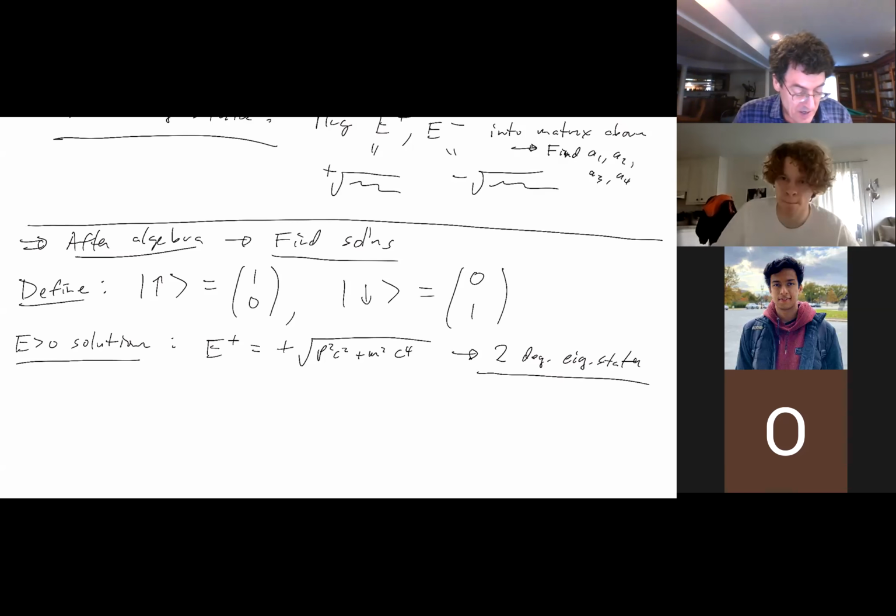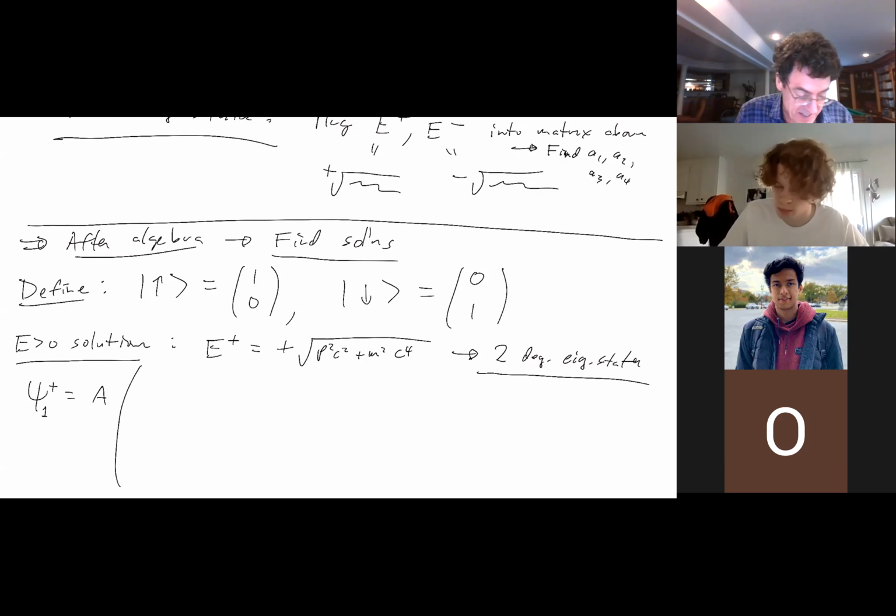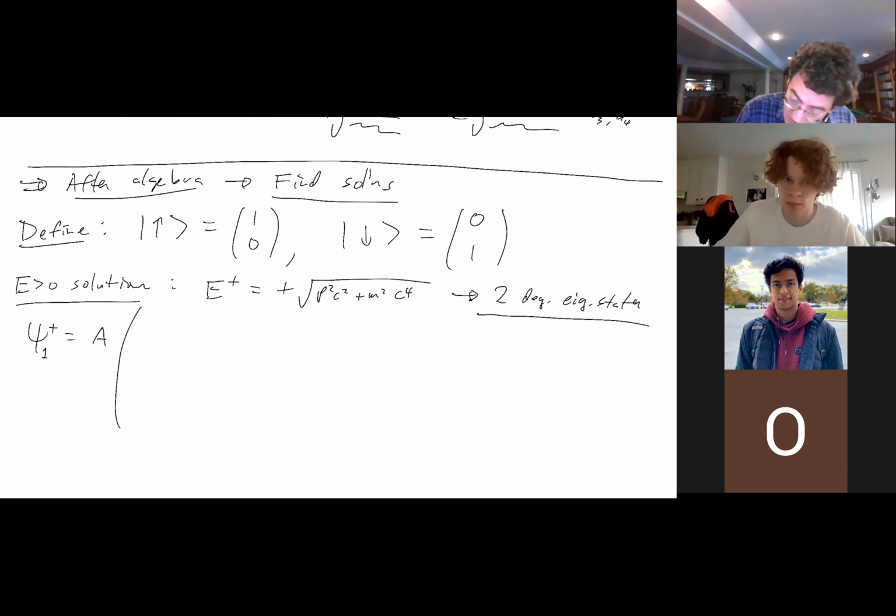I'm going to call them, they're the positive energy, so that's where the plus comes from. So they'll be state 1. It's going to be some constant in front, and this is the shape of the eigenstate. It looks like this. It's a 4-dimensional vector.